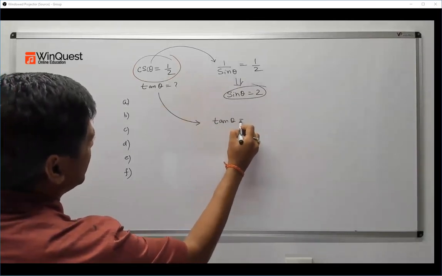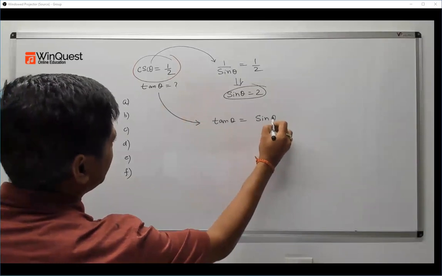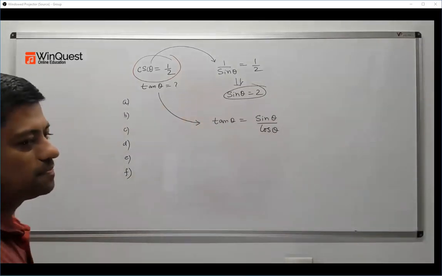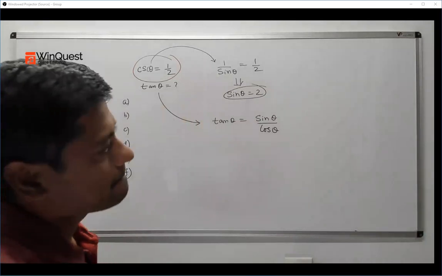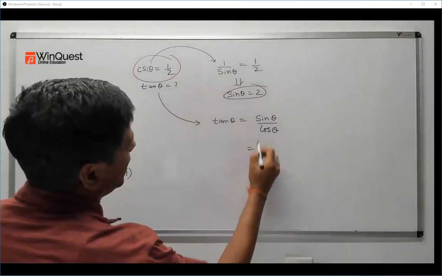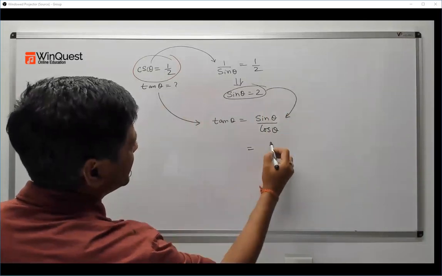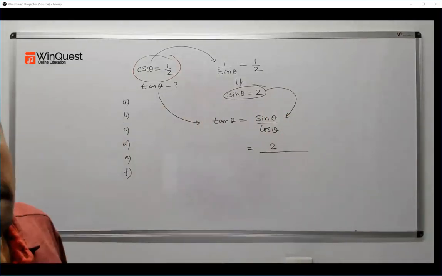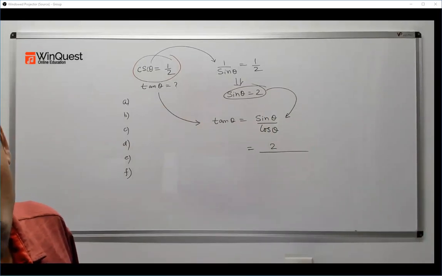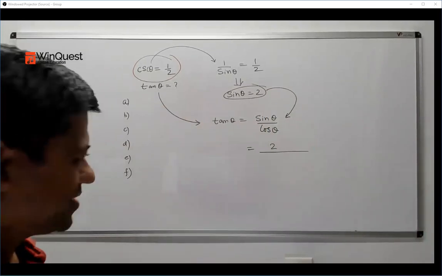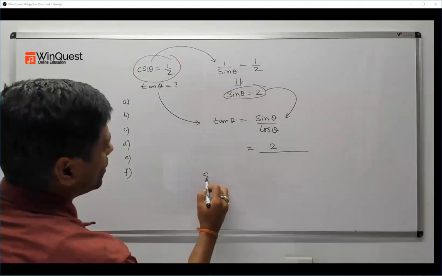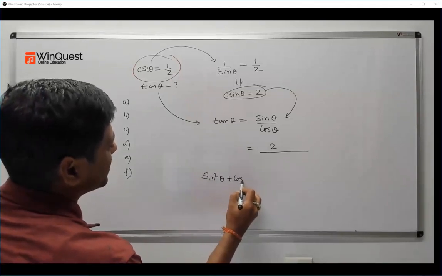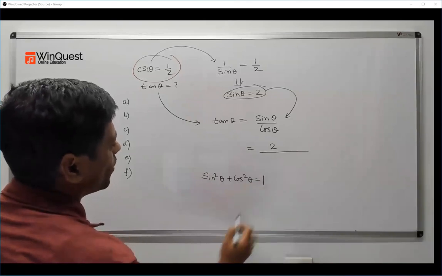Tan theta, as we discussed, is equal to sine theta by cos theta. Sine theta I have already got as 2. One formula I also learned: sine square theta plus cos square theta equals 1.